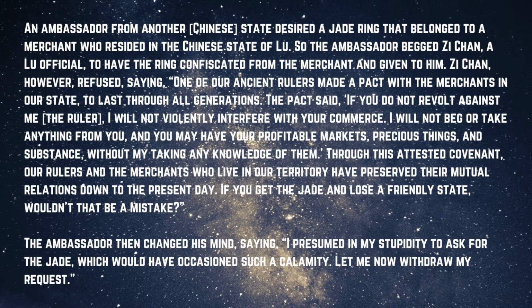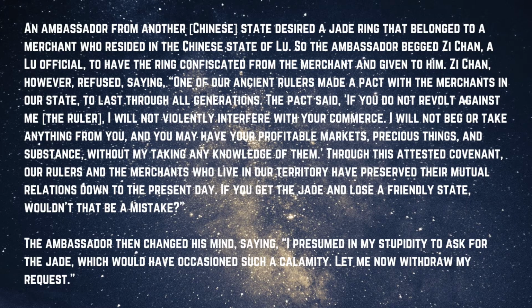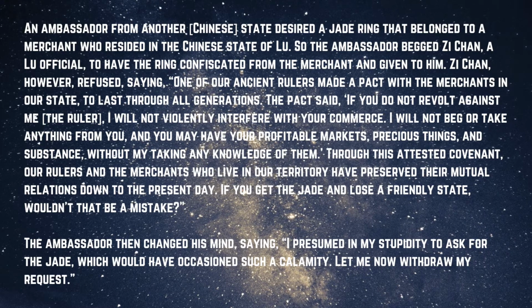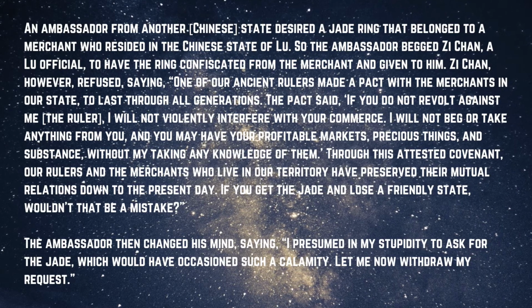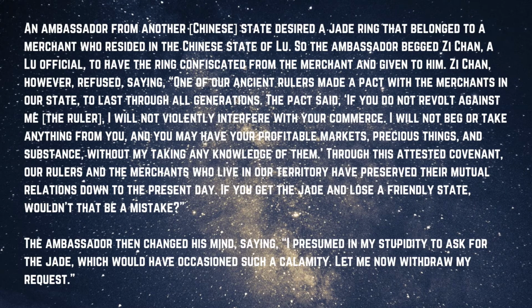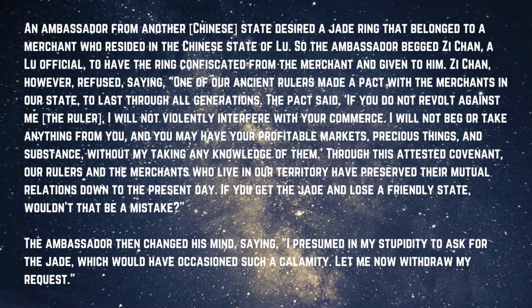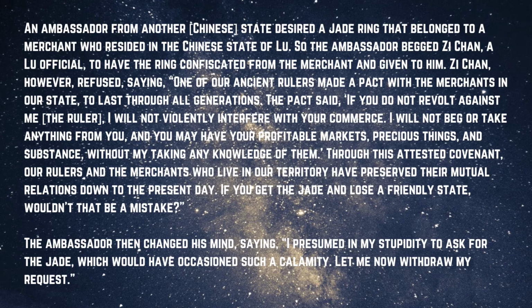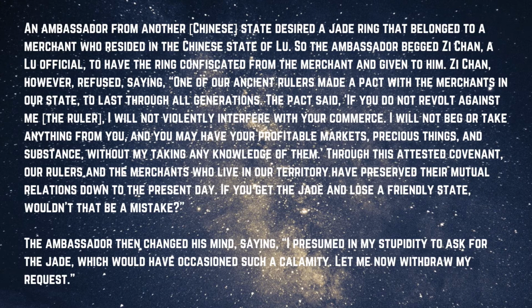essay. An ambassador from another Chinese state desired a jade ring that belonged to a merchant who resided in the Chinese state of Lu. So the ambassador begged Ji Chan, a Lu official, to have the ring confiscated from the merchant and given to him. Ji Chan, however, refused, saying, "One of our ancient rulers made a pact with the merchants in our state to last throughout the generations. The pact said, 'If you do not revolt against me, the ruler, I will not violently interfere with your commerce.